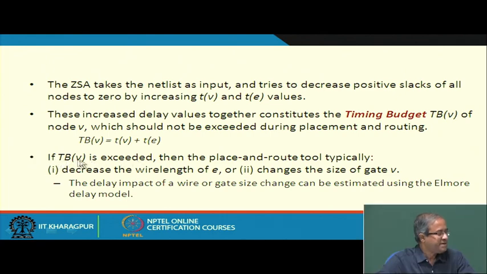Here, as I said, if TV is exceeded, you have to make it smaller, then you can decrease the wire length, you can increase the size of the gate, but if it is the other way around, you will have to do the reverse. Now, the delay impact is often estimated using the Elmore delay model, because it gives quite an accurate estimate, provided you have made a relatively accurate estimate of the capacitive and the resistive effects of the neighborhood, the other lines.